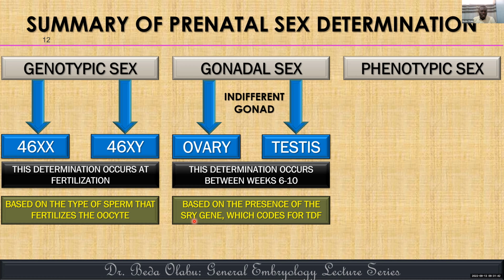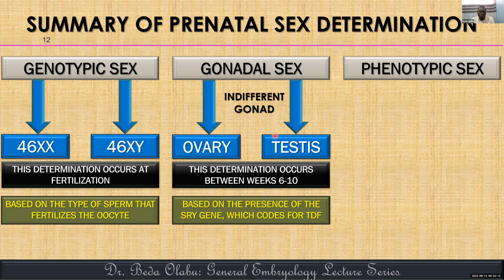When the SRY gene is present, it codes for a particular protein, which we call TDF. TDF stands for testicular determining factor. So this testicular determining factor is the one that influences the indifferent gonad of the embryo to become the testis.